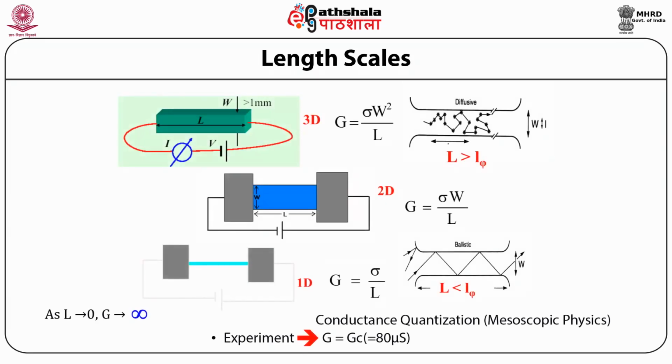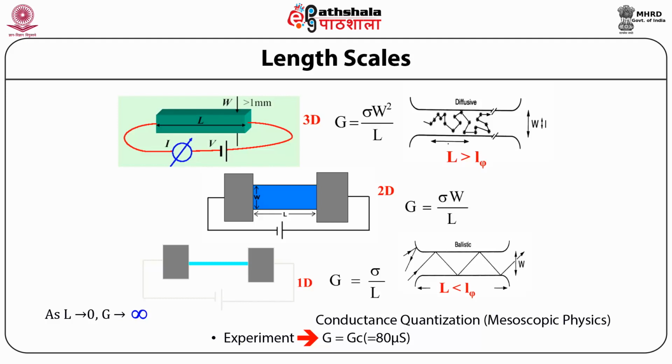So now let us discuss these length scales in 1D, 2D and 3 dimensions. The electrons in a mesoscopic conductor, that is a conductor with length smaller than L phi, move as a wave, not as a particle, similar to an electromagnetic wave propagating inside a waveguide.